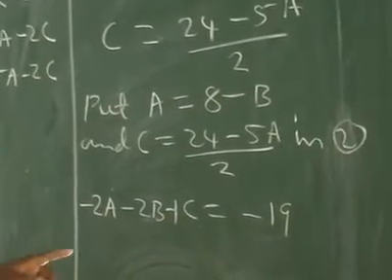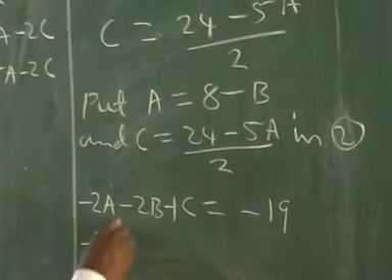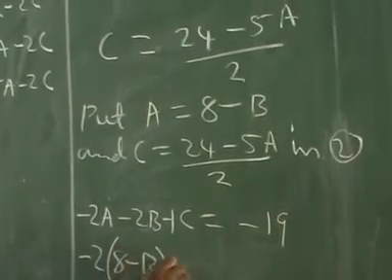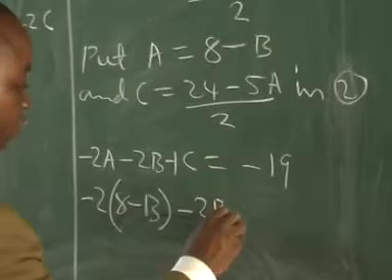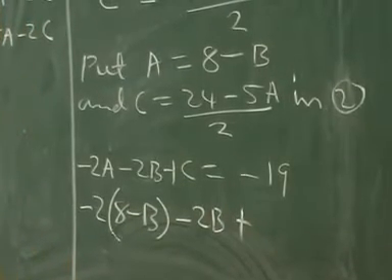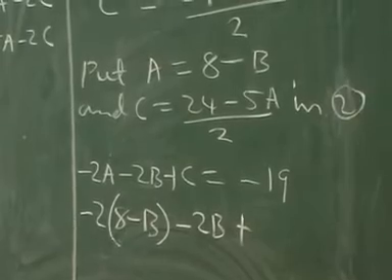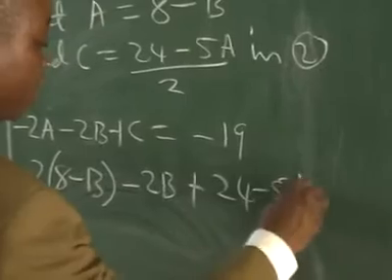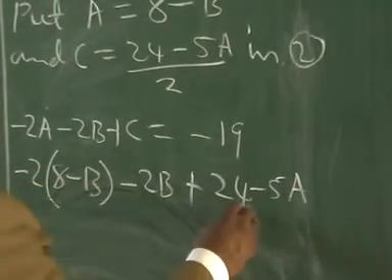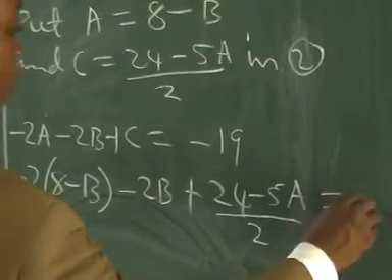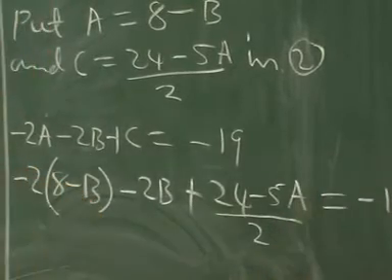So if I do that, it means minus 2a, where a is 8 minus b, minus 2b plus c, and c is 24 minus 5a all over 2, is equal to minus 19.